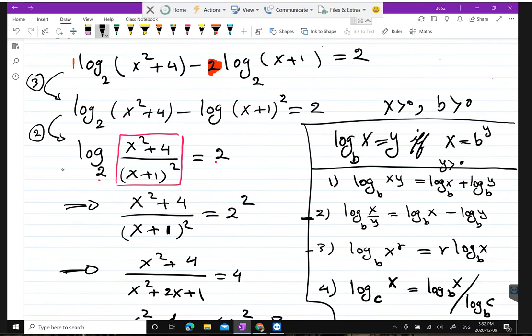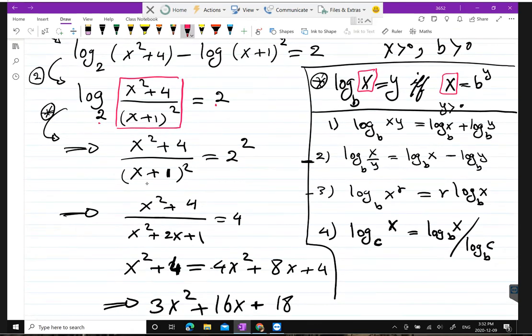And now, based on the star, which is the definition, you will get 2 to the power of 2, which is 4, must be equal to this one. So the logarithm of anything base b is y must mean b to the power of y, and I'm using exactly the same thing. So x squared plus 4 over x plus 1 to the power of 2 must be 2 to the power of 2.